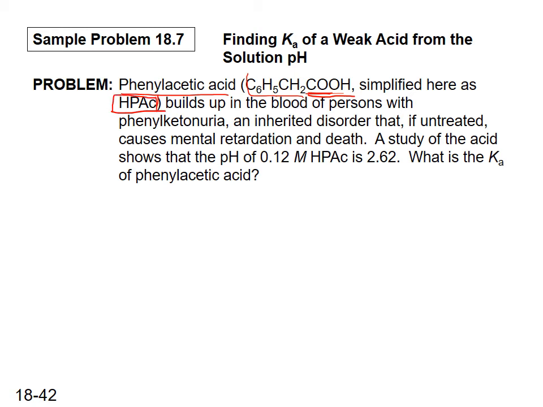Now we can ignore all those details. A study of this acid shows that the pH of 0.12 molarity HPAC is 2.62. The question is, what is the Ka of this acid? So this is about a weak acid.